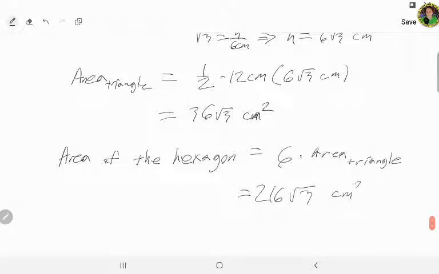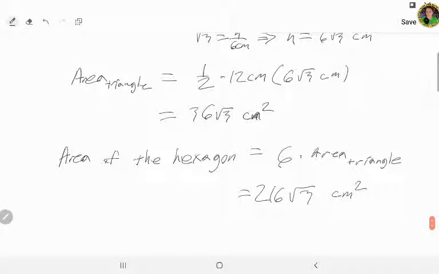Square centimeters. And then if we have a calculator, we can approximate that. And quite often we're going to be interested in getting those approximations. We're very rarely going to see a need for 216 radical 3 square centimeters of carpeting. And so we can find out the square root of 3 is approximately 1.73.